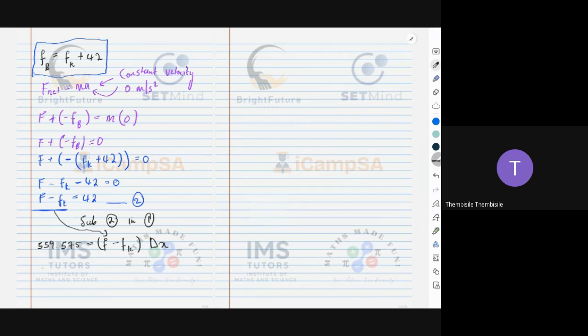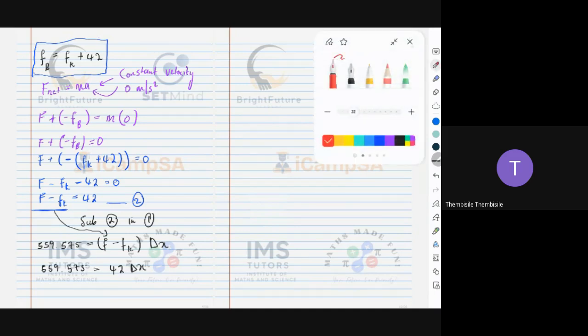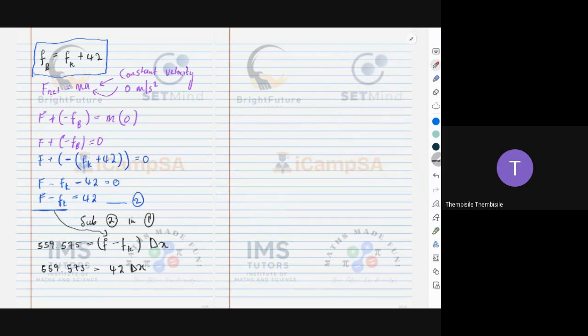So I'm going to have 559.575 equals 42, sorry, times my displacement. Then to get the displacement, because that's what we want, we divide by 42. 42 goes away, and we get our displacement.